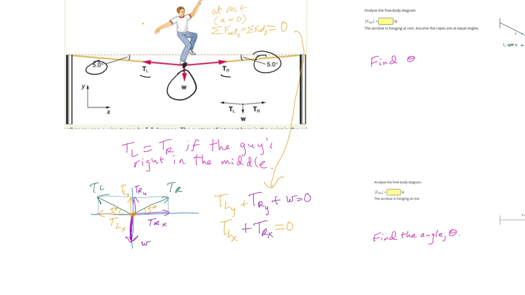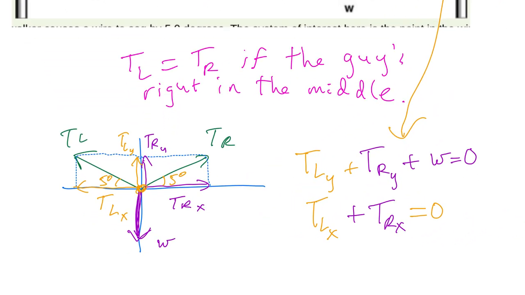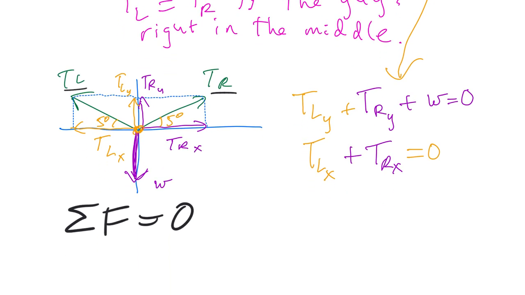Okay, so if you look at this picture right here, the two tensions, the left one and the right one, they have identical x components but in the opposite direction, and identical y components in the same direction. And so we can assume that net force is 0, and that therefore the x components cancel out and the y components cancel out.